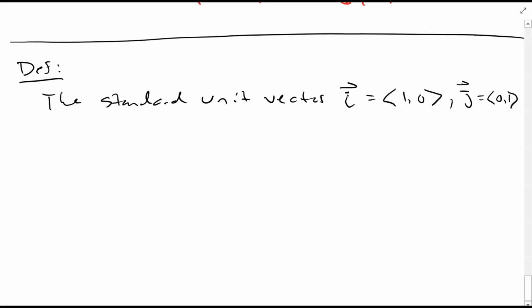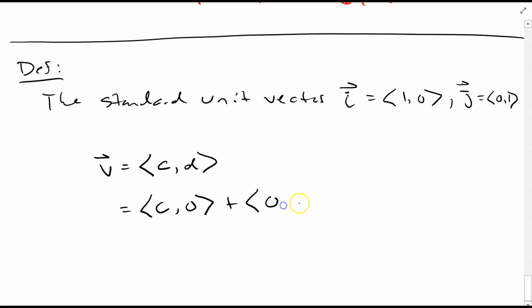So what do I mean by that? Let's say I have the vector v that's defined as, say, c, d. Well, I know I can rewrite the vector c, d as, say, c, 0 plus 0, d, right? No big deal there. I just broke it up into the sum of two vectors. Everybody agree with that?